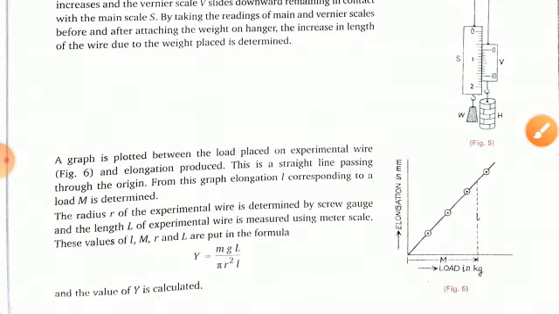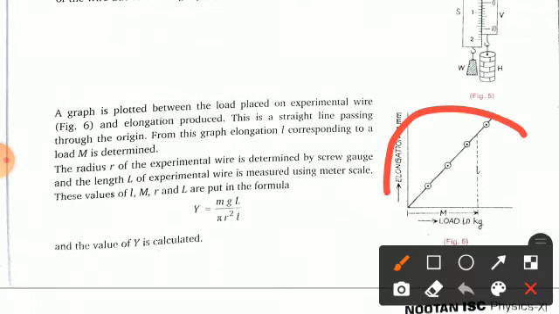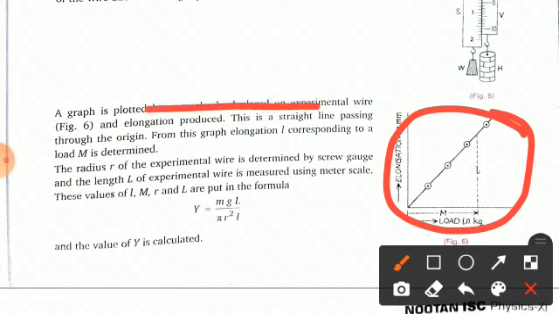Clear? Now we will plot a graph. Here is a graph between load and elongation in millimeter. After attaching a load over the base, what is the increase in the length? So we are plotting the graph between these two. A graph is plotted between the load placed on the experimental wire and the elongation produced. This is a straight line passing through the origin.